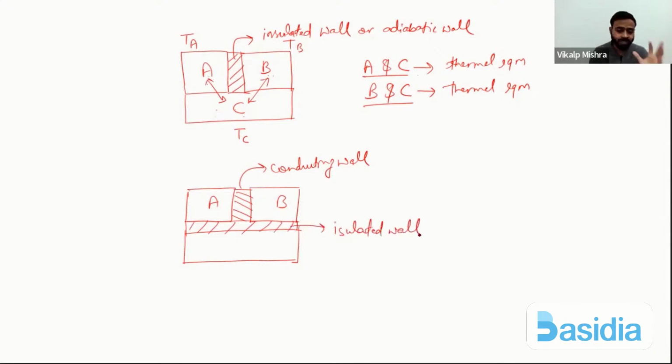Now try to understand what will happen. Will there be any change in the macroscopic properties of A and B? Already we have seen A and C are in thermal equilibrium, B and C are in thermal equilibrium. Now we have disconnected C from A and B, and we have connected A and B.